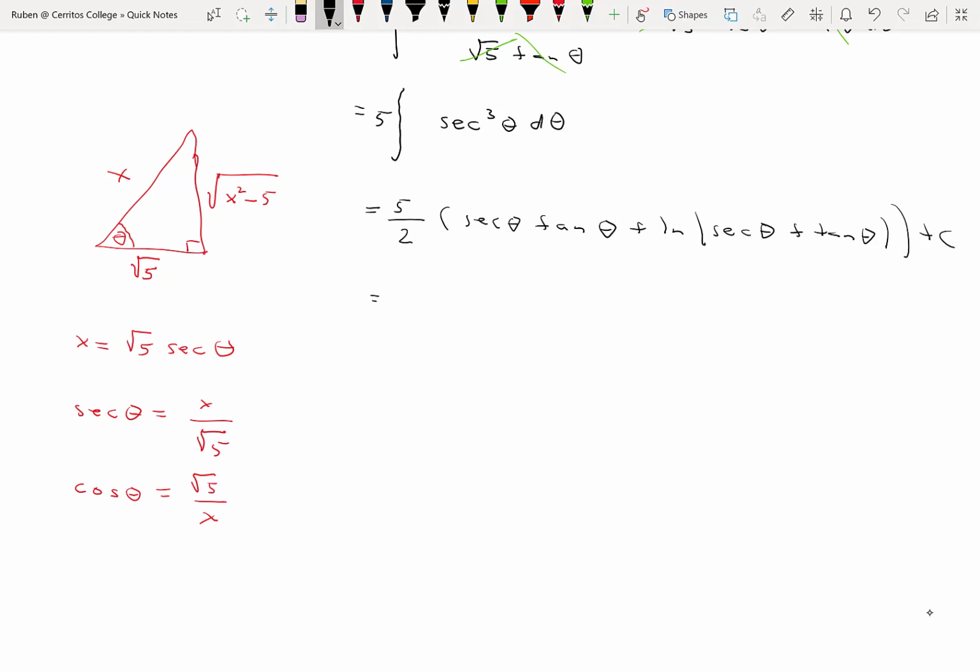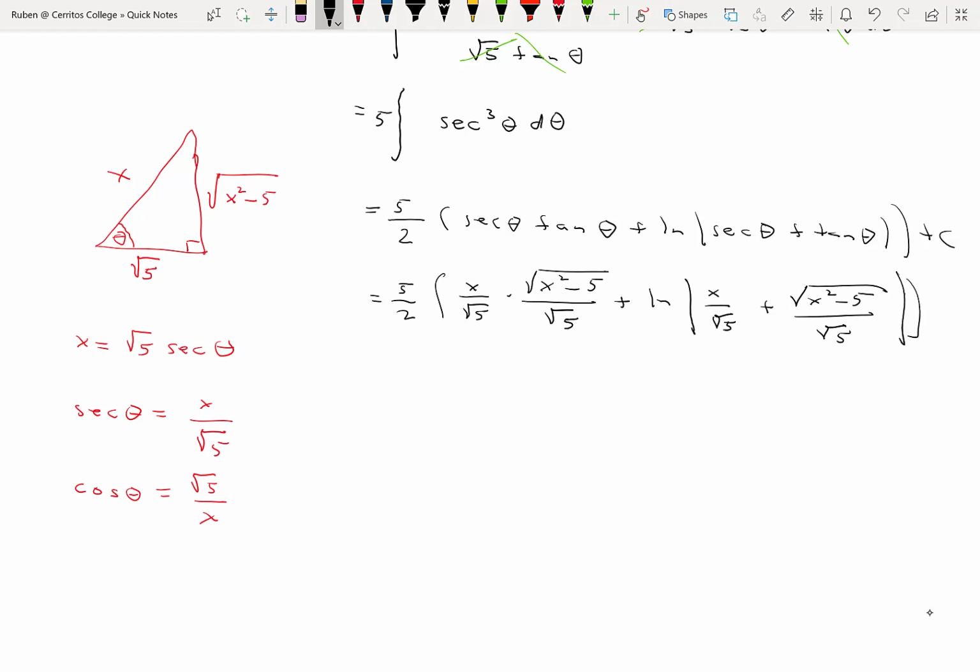And we finish off our problem. So this is 5/2 times secant of theta, which is x over radical 5, just from our substitution. The tangent of theta is opposite over adjacent, plus the natural log of that same secant in absolute value plus the tangent, over square root of 5, plus a constant.